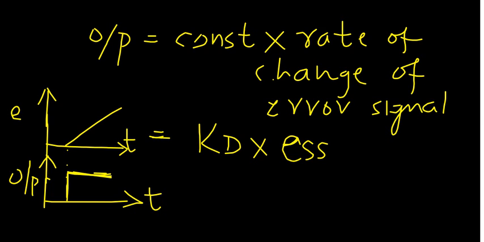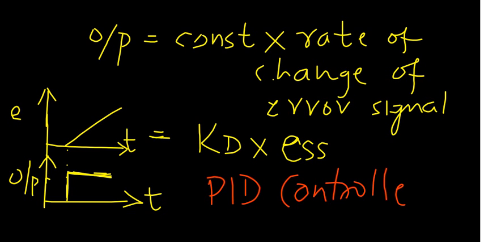In most control applications, you have the PID controller, which has the output signal not only proportional to the error signal, but also proportional to the integral of the error signal and the derivative of the error signal, so that the response no longer remains sluggish and you get an accurate output, provided you have designed the system parameters in a very appropriate manner.